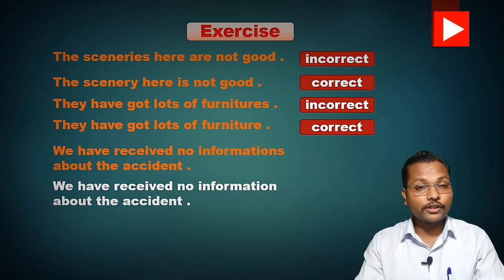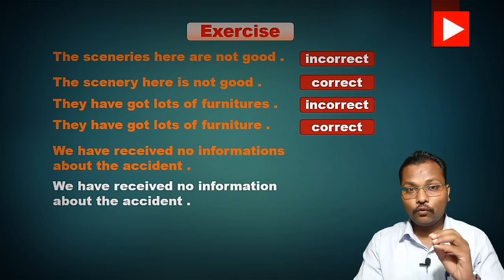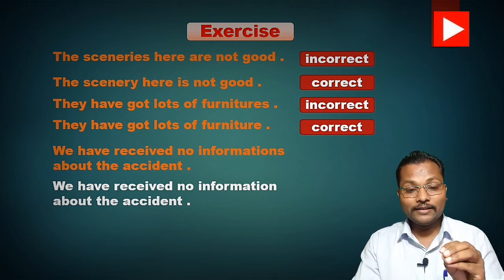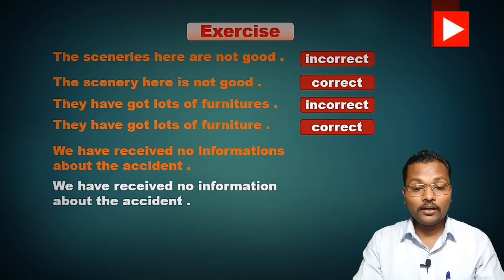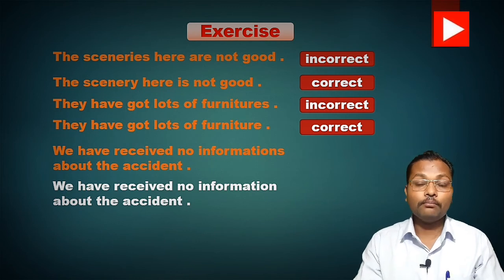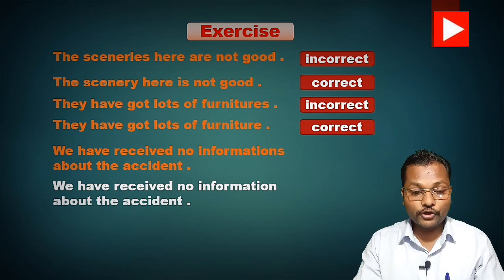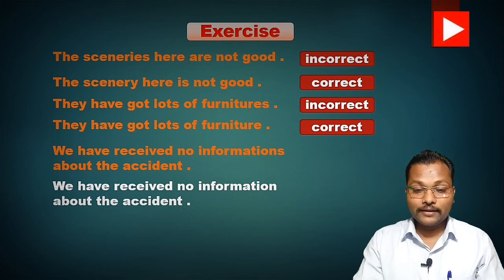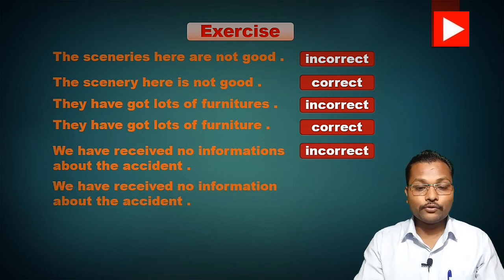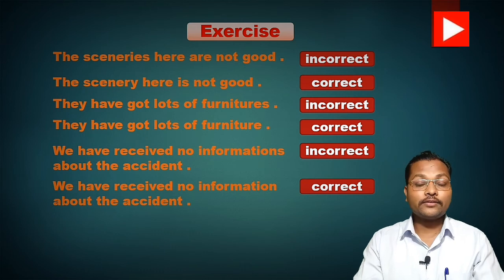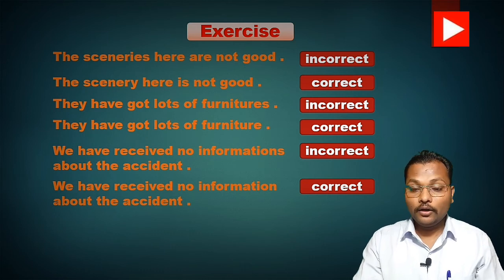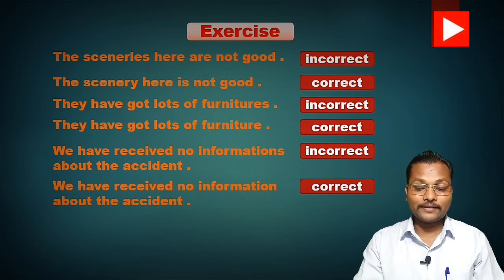Now information is an uncountable noun, so why is it made plural here? This is a wrong way to say informations. The correct sentence is: we have received no information about the accident, because information is considered singular, so this sentence is correct.